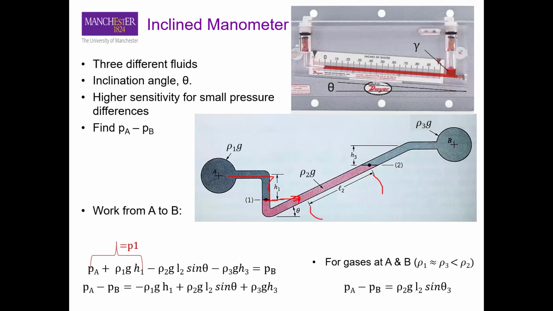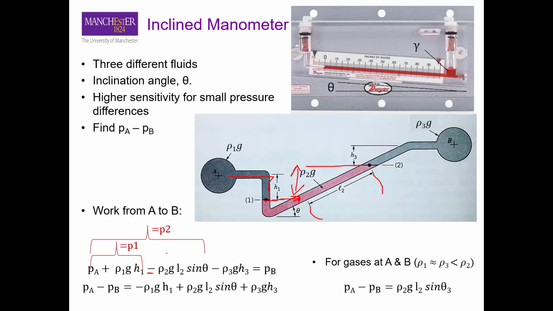And that is why we are using the negative sign here. So the pressure at point 2 would involve rho 2 g L2 sine theta, because L is a diagonal length, and if you convert it into height, that is this height here, it will be L2 sine theta. Okay, so that gives us the pressure P2.